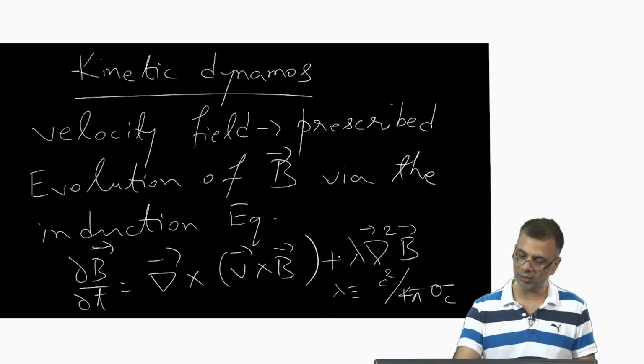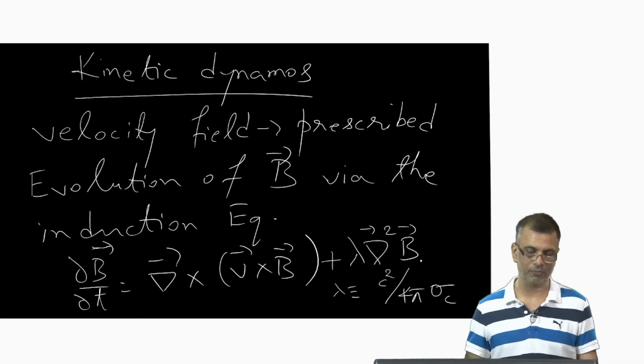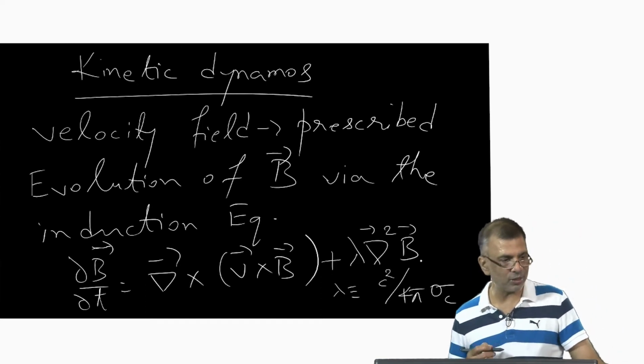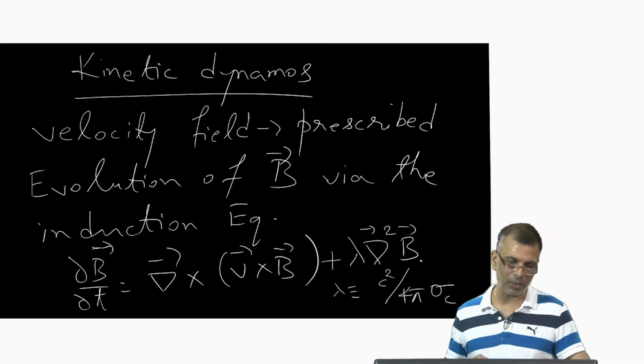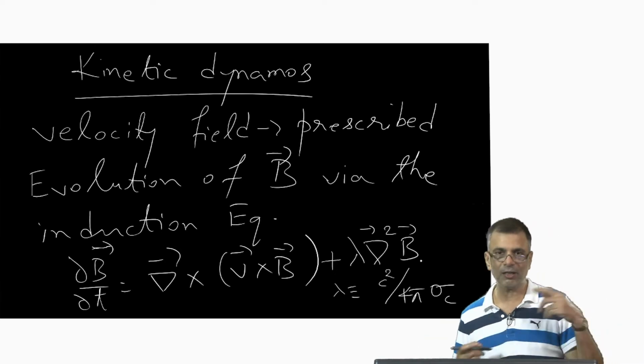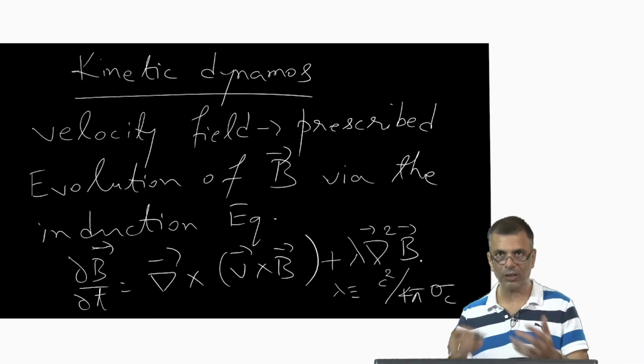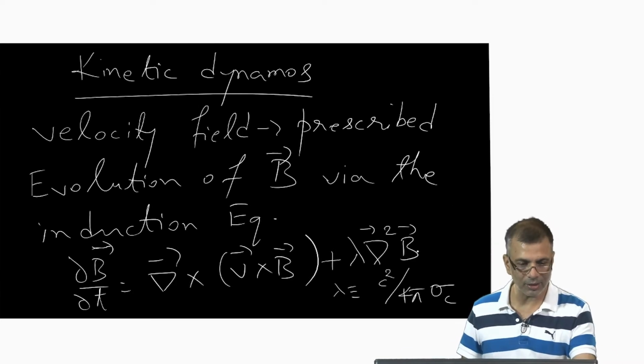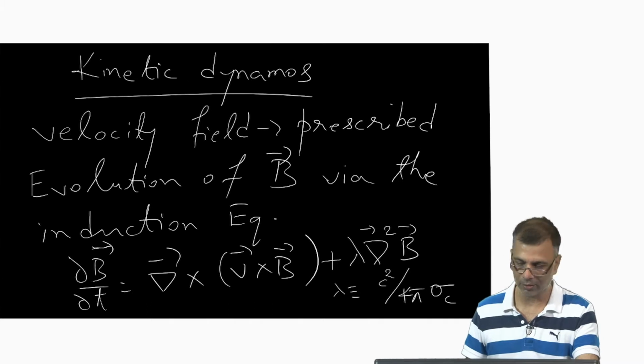This resistive term might well be small, but it is there. And in the face of resistive decay, the dynamo has to somehow keep regenerating the fields, so that the fields do not just die away. And it turns out that this is a non-trivial problem.